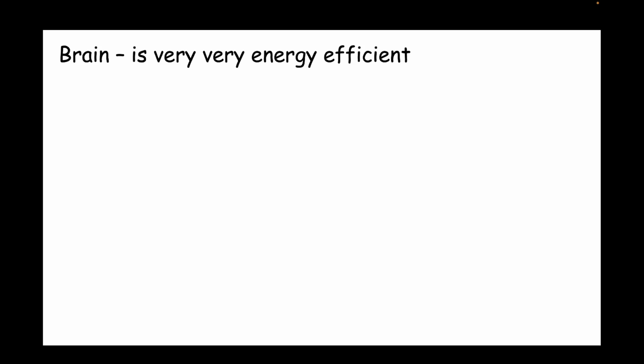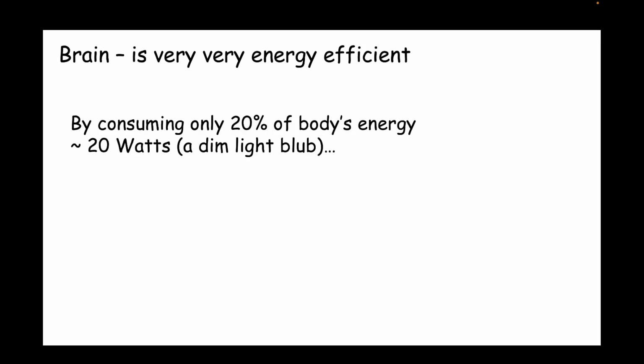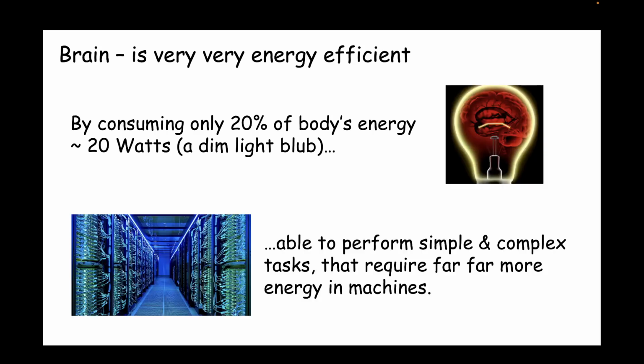Also, the brain is very energy efficient. It only consumes 20% of the body's energy, and it works at around 20 watts, like a dim light bulb. Whereas new computer systems which are able to perform artificial intelligence algorithms and computer vision, for simple as well as complex tasks, require far more energy compared to the brain.